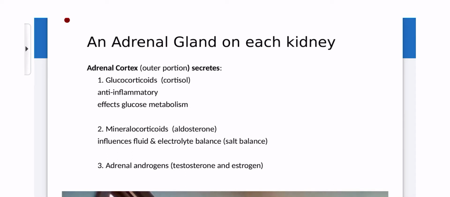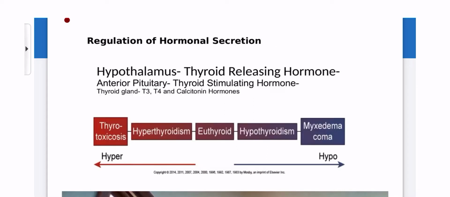And not only do they raise the blood sugar because of the stress, but they're anti-inflammatory also. And then the third one are the adrenal androgens, the testosterone and estrogen, which we said you would cover next semester in third.